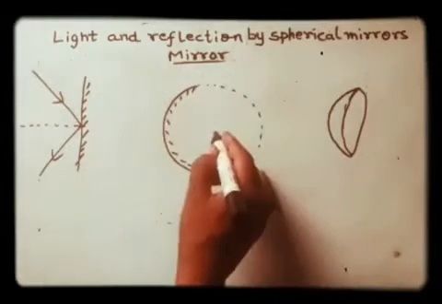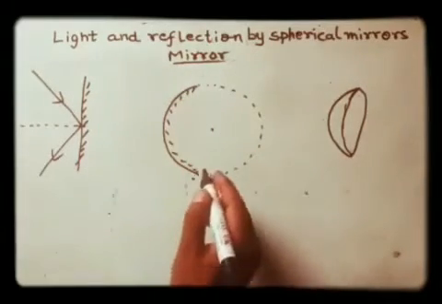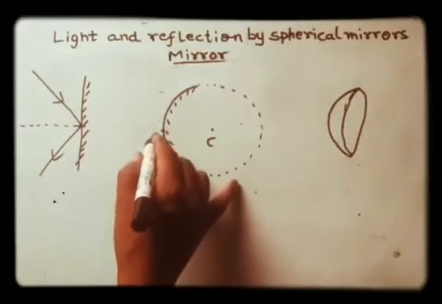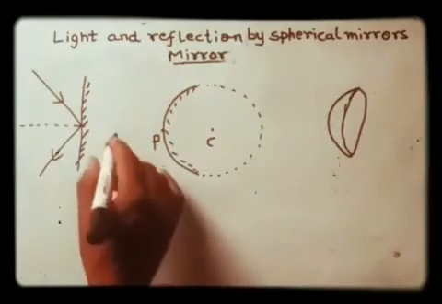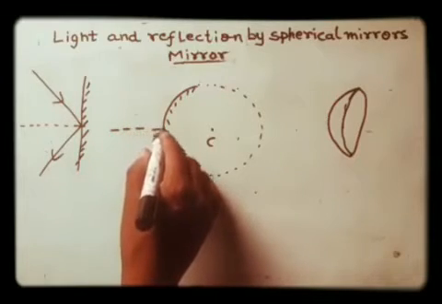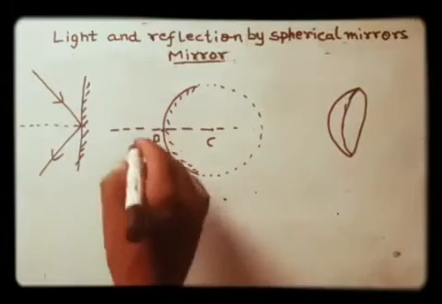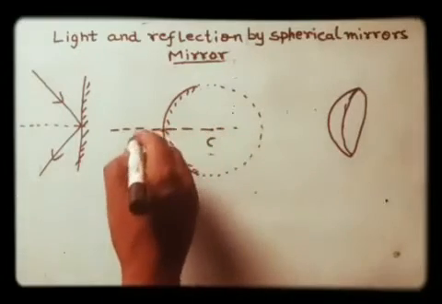This sphere has a center, which we call the center of curvature. The midpoint of its surface is called the pole, and the line joining the pole and center of curvature is called the principal axis. Main axis, that is why principal axis.